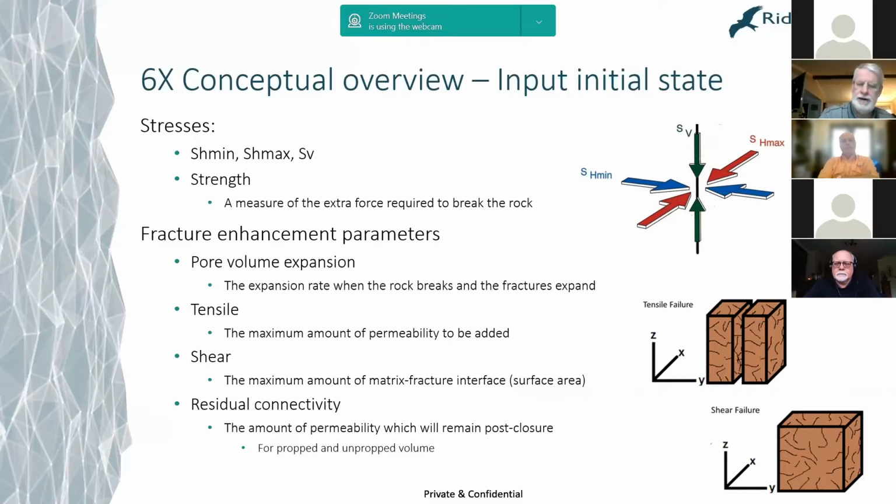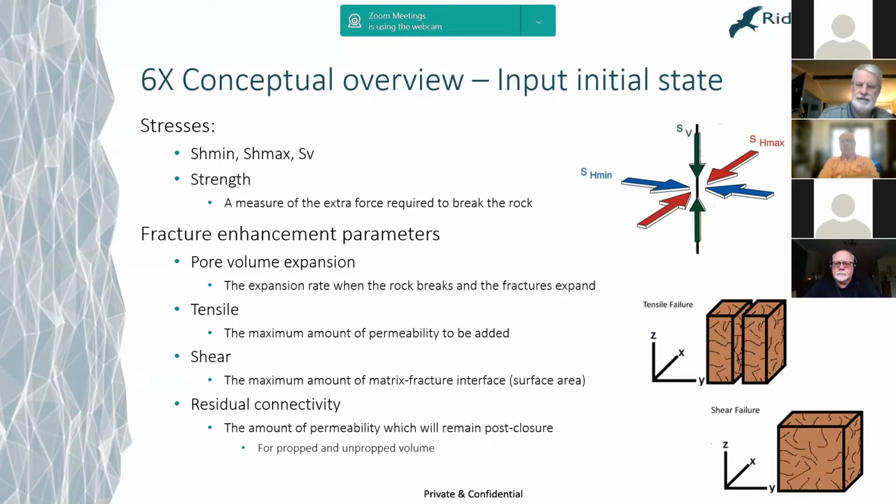The first parameter is the pore volume expansion, which controls how the fractures open in terms of their total volume. The second one is the tensile enhancement, which is an amount of permeability that is to be added when the rock breaks. So we give the maximum amount of permeability.